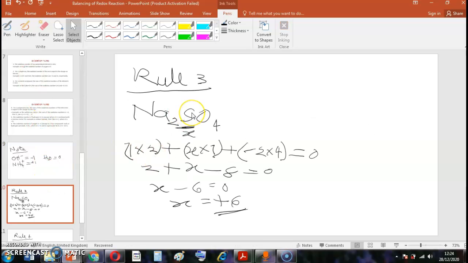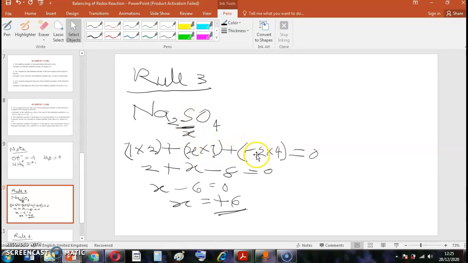On rule number 3, for example, we may have sodium tetraoxosulfate(VI) as on the screen. If you are to calculate for the central atom, we say the central atom is X. Now, we know sodium, because it is in group 1, will have oxidation number of +1, so times 2. We have said let the oxidation number of the central atom be X, so X times 1 for sulfur.